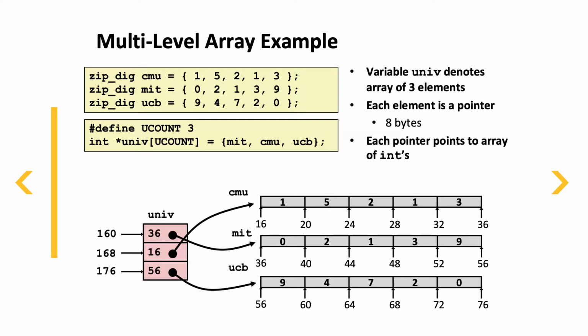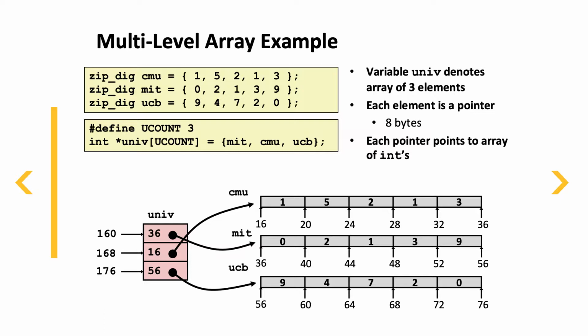So we've got 3 8-byte pointers all in a row. Now, we've actually declared the arrays CMU, MIT, and UCB, and we've got them at the same addresses that we saw earlier in the video, but notice that when we use them to initialize this new array, we've put them in a different order. Instead of doing CMU, then MIT, then UCB, we flipped it around and did MIT, then CMU, then UCB.